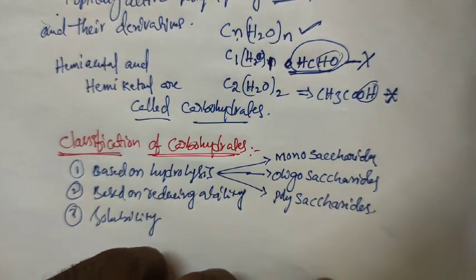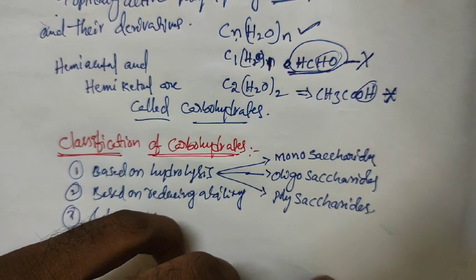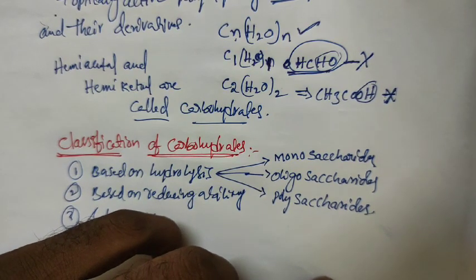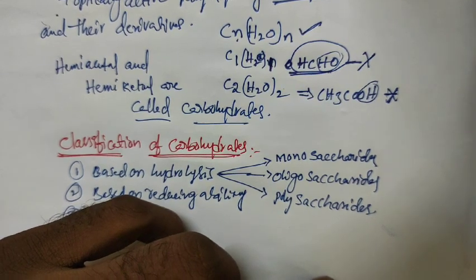Monosaccharides contain a keto group or an aldehyde group.